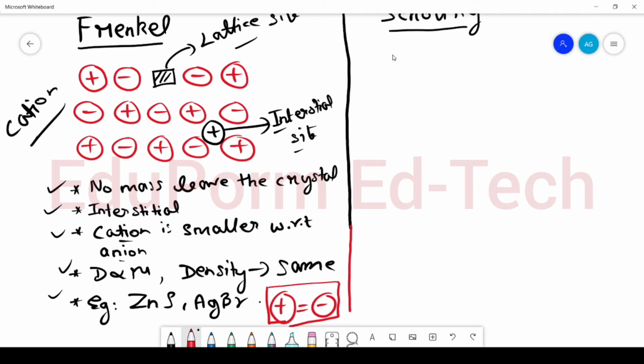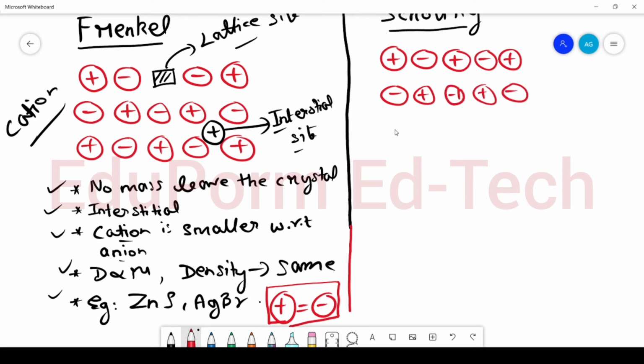Now we will study Schottky defect. Again we have a cation, anion, cation, anion, cation. We have anion, cation, anion, cation, anion. Again we have cation, anion, cation, anion and anion and cation, right?